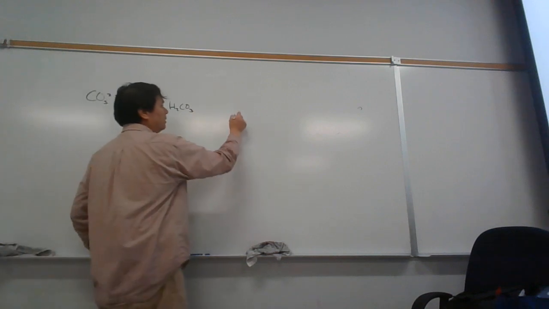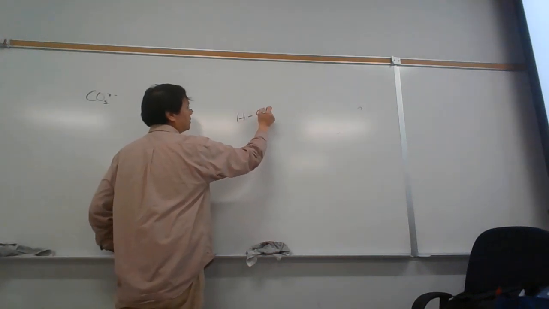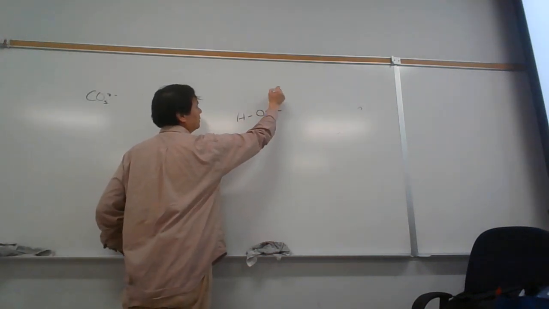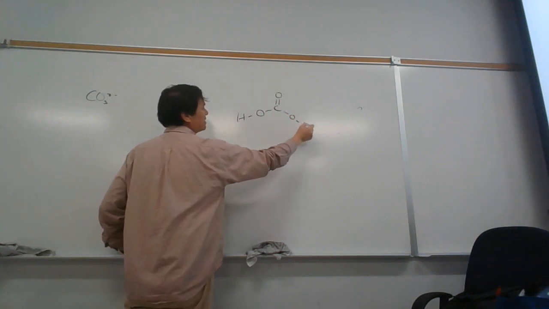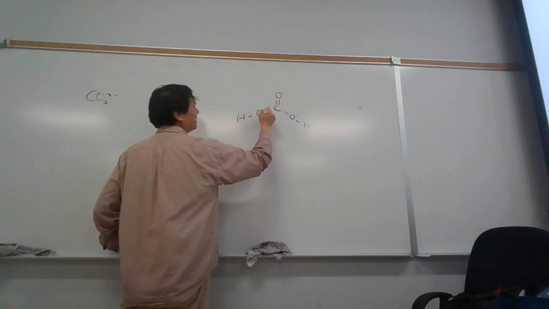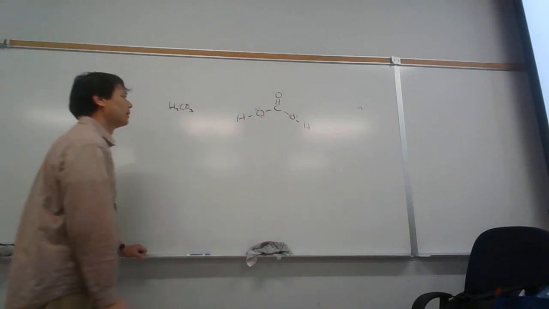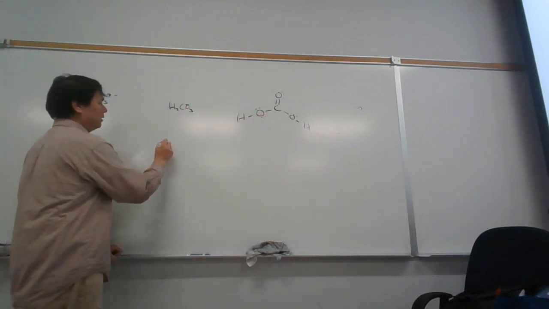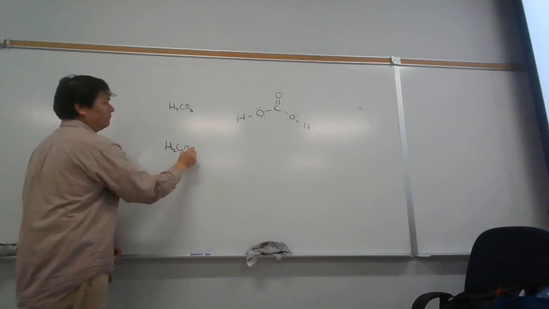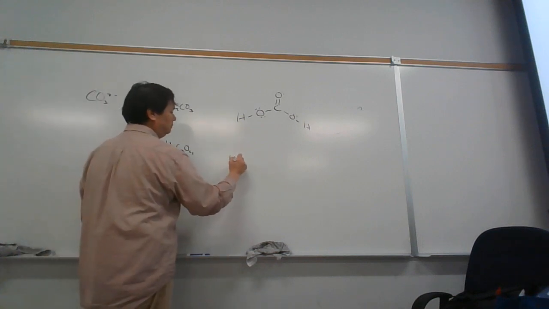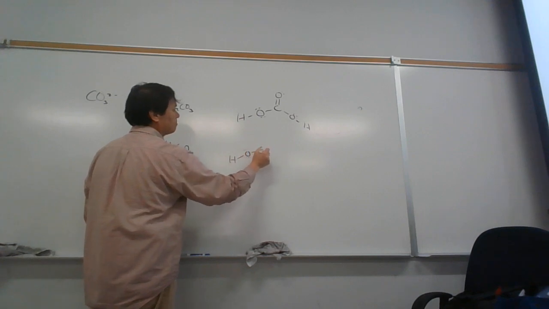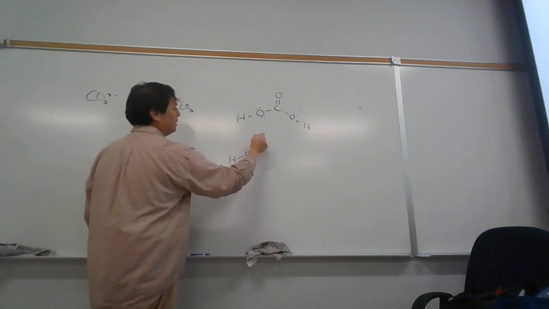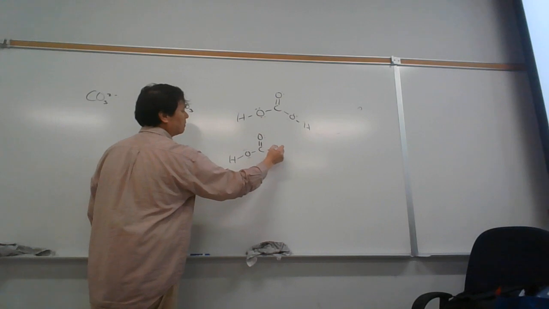Carbonic acid is weird in the sense that it is like a carboxylic acid here, but it has two of these. Oxalate or oxalic acid is very similar to this, except it has this.